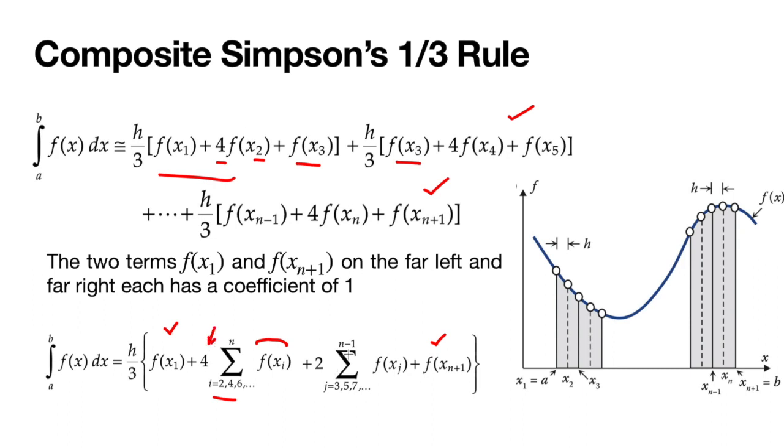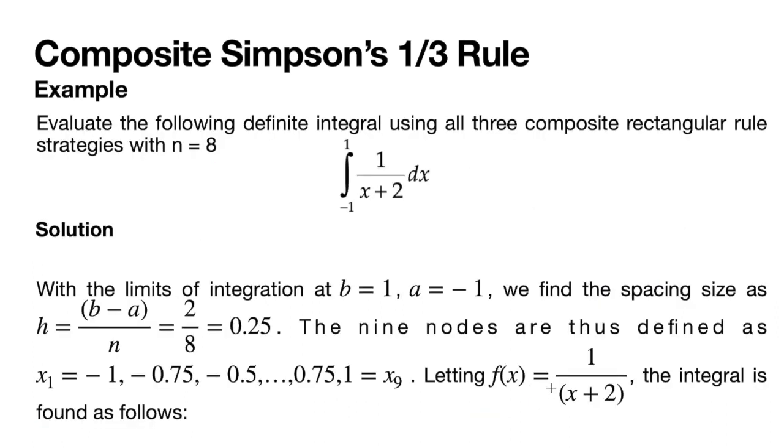Similarly, the odd numbers from 3 onwards, so 3, 5, 7, are repeated twice, so they are multiplied by 2, whereas the first and last terms are used once. So this is basically the generalized formula for the composite Simpson's 1 by 3 rule.